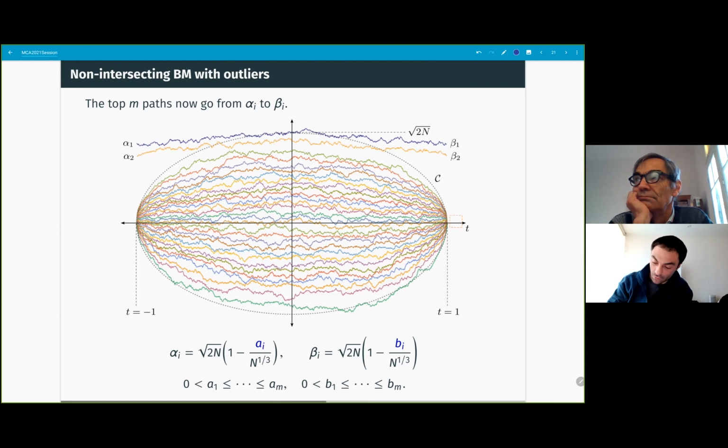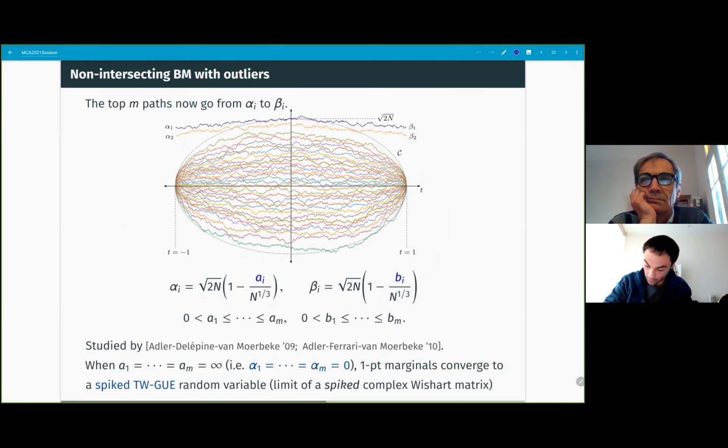So what I want to do is put these starting points and ending points near this critical root 2n height. The right way to do it is to scale it in this way. You just focus around root 2n, with this perturbation, which has to be of size n to the 1/3, on the 2 sides.